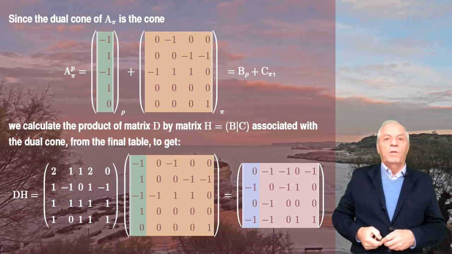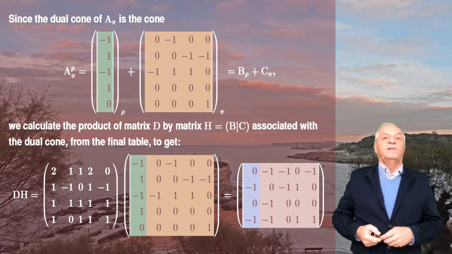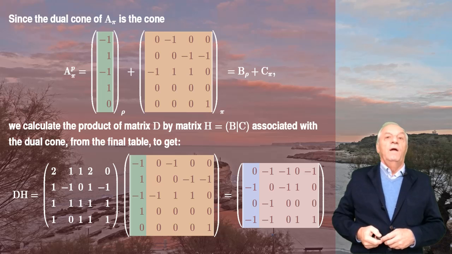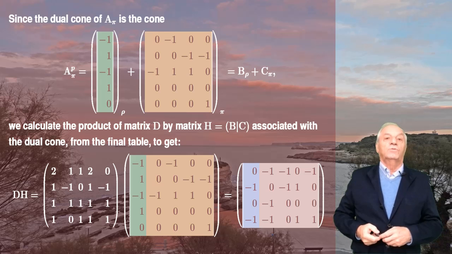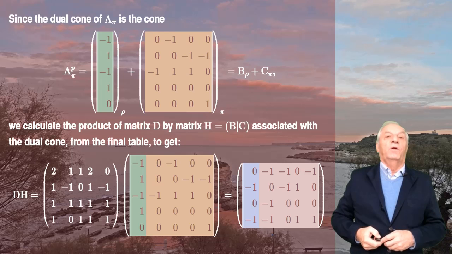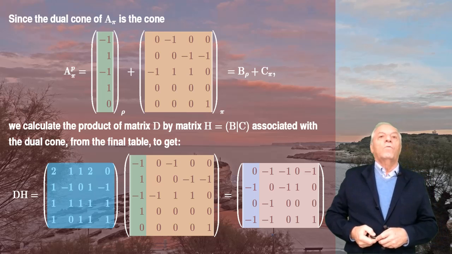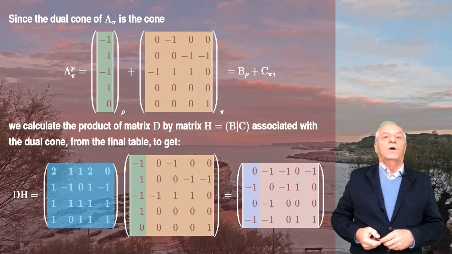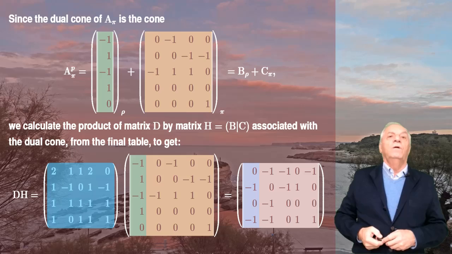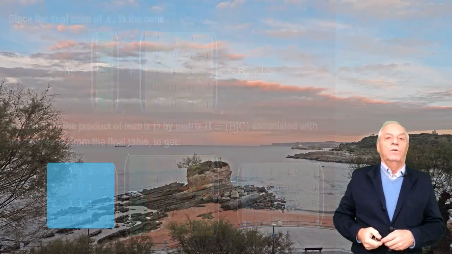Next, we calculate the product of matrix D by the matrix H, which contains the columns of B and C, and we get the indicated matrix that contains in the blue column the dot products of the 4 vectors by the column of B, and in the other columns the corresponding dot products by the columns of C. A row vector of a row of matrix D belongs to the cone if and only if the same row in the last matrix contains 0 values in its first column and non-positive values in the remaining columns.